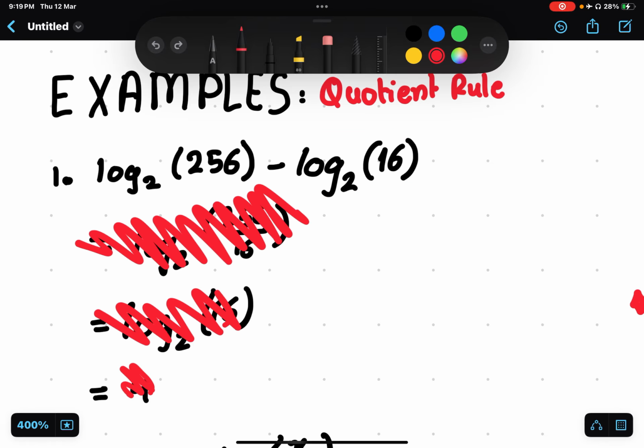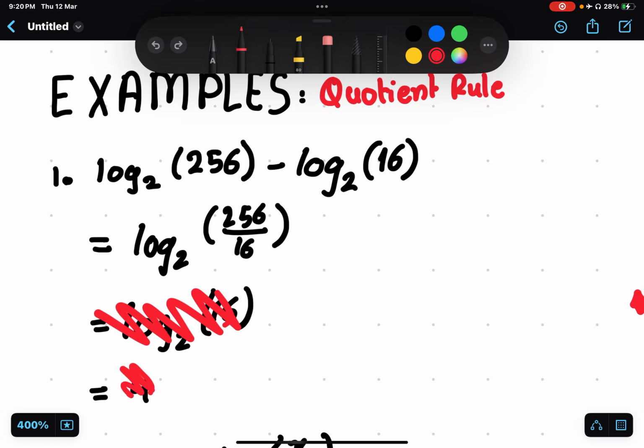So our first step would be dividing, because we see a minus, so the quotient rule can be used. So we can assign this to a and this can be b. So now we will have log base 2 of 256 divided by 16. That's the same thing because we just converted it, right?